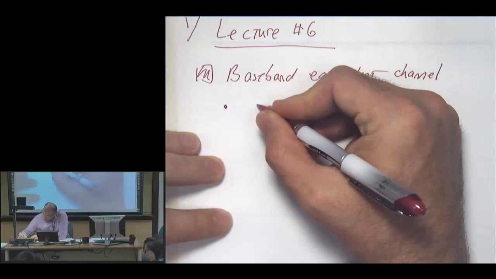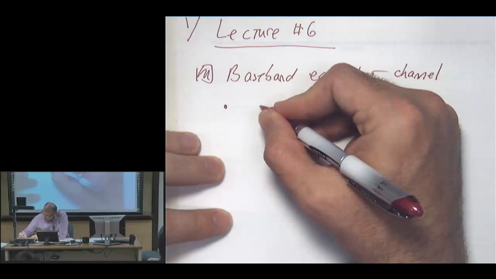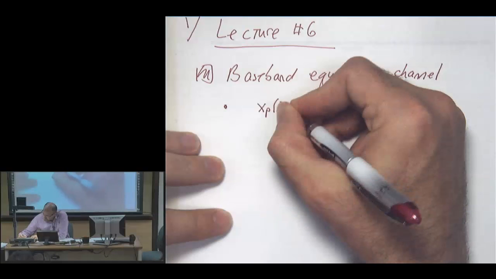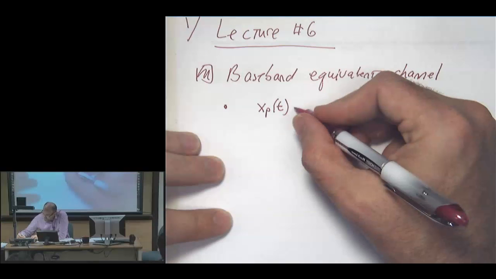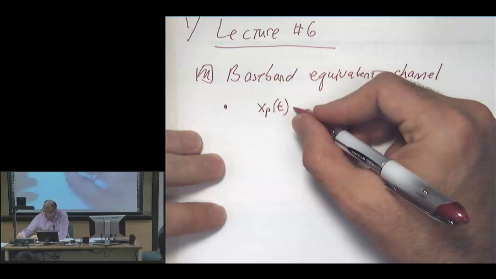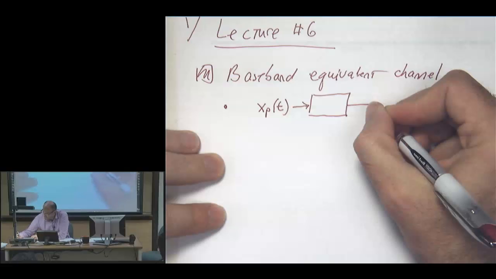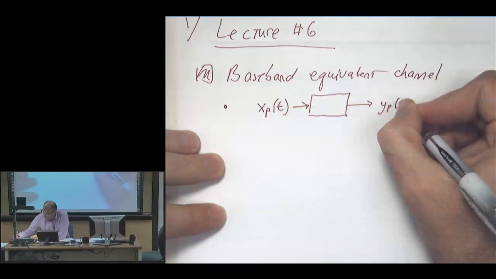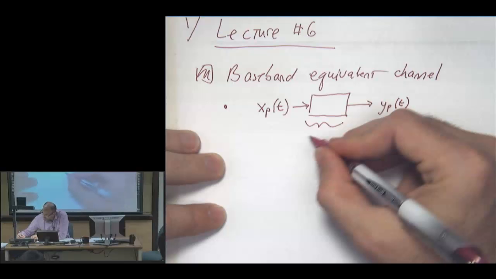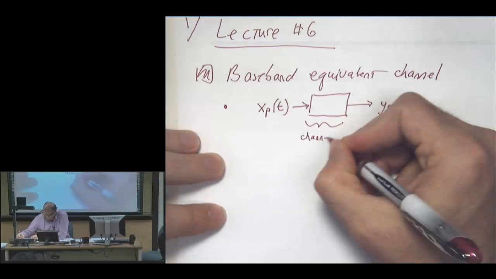We've already introduced this notion that in wireless communication systems, we generate a passband signal, maybe that's xp of t. We transmit that, and it arrives at the receiver. Before, we were kind of silent on what happens between when it gets transmitted and when it arrives at the receiver. What happens in this box here, this is the channel.